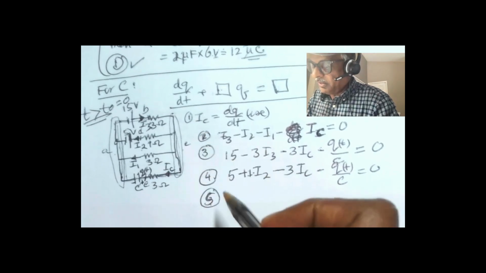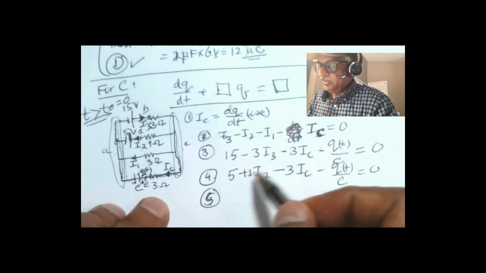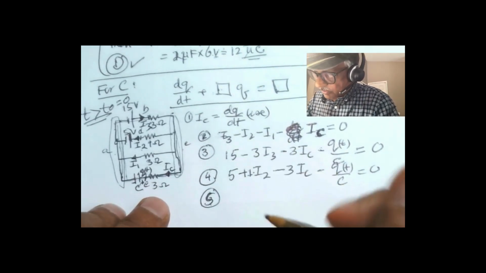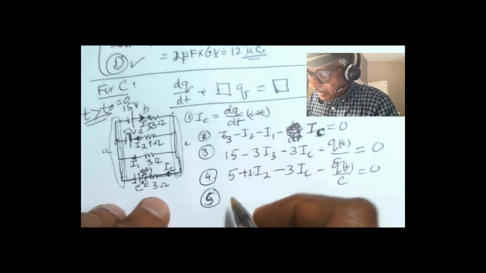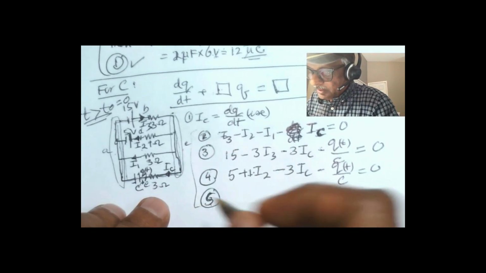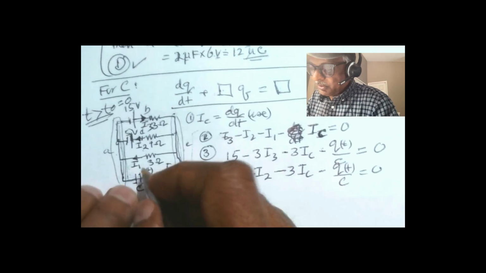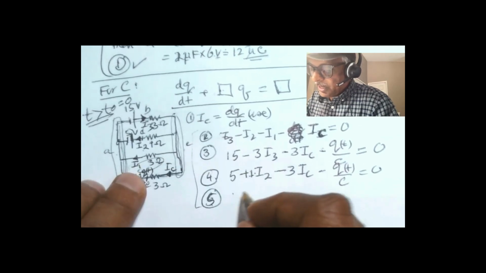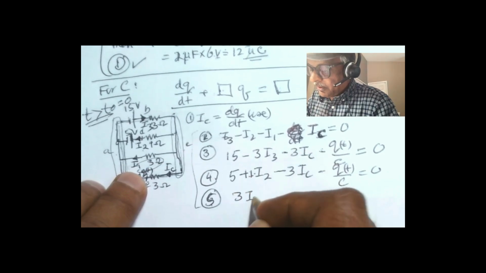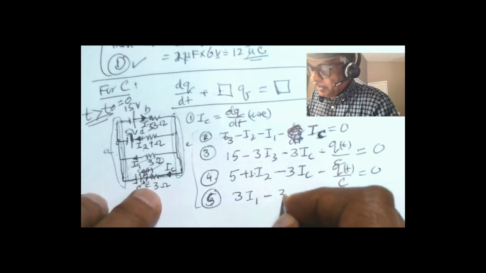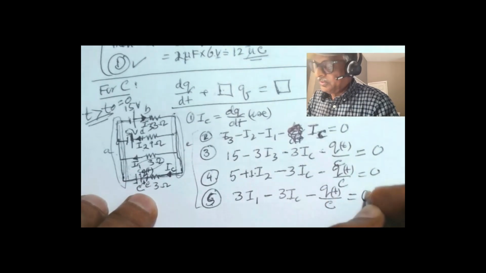1, 2, 3, 4, 5, and you can see we're going to have 4 equations here. These 4 equations, and then this loop. Then this one is supposed to go in the same way, going opposite to that, that's 3I1 minus 3IC minus Q(t) over C equal to 0.